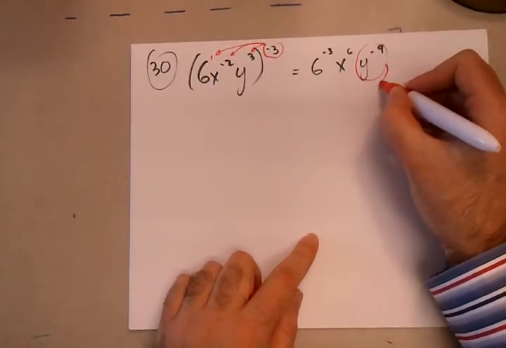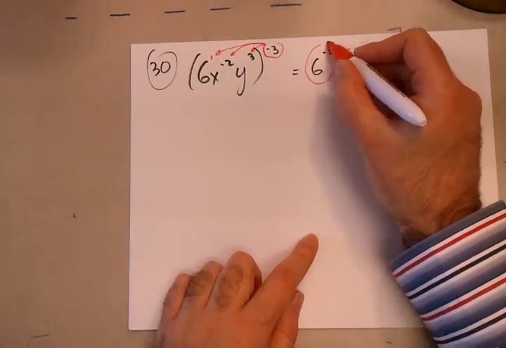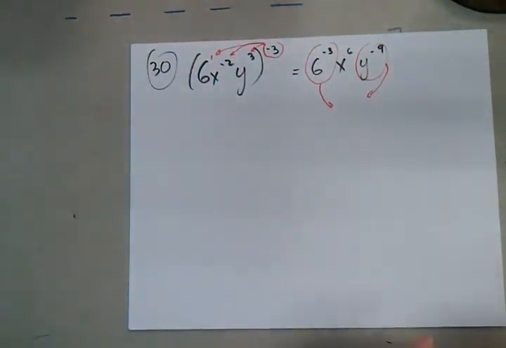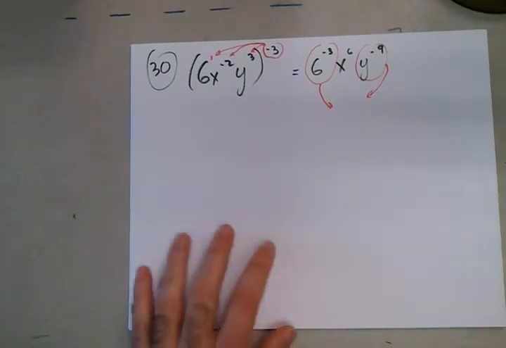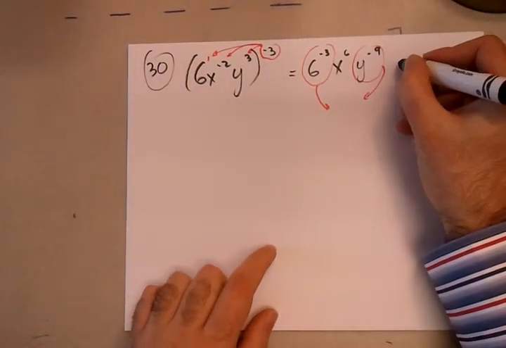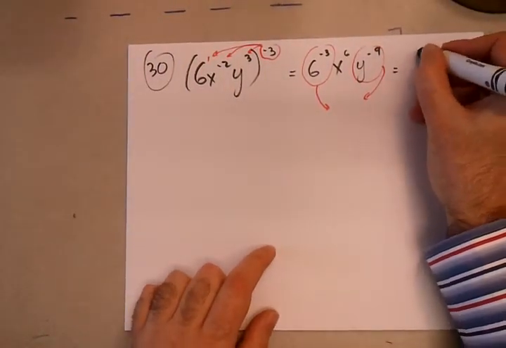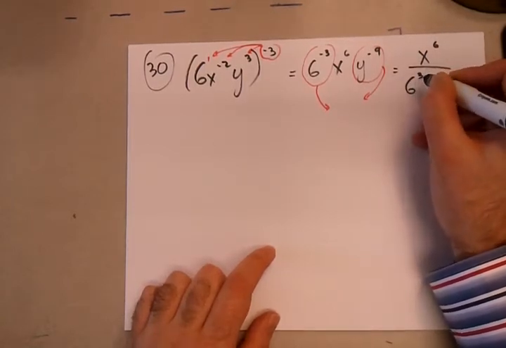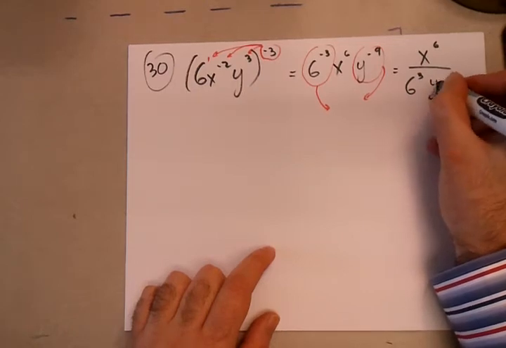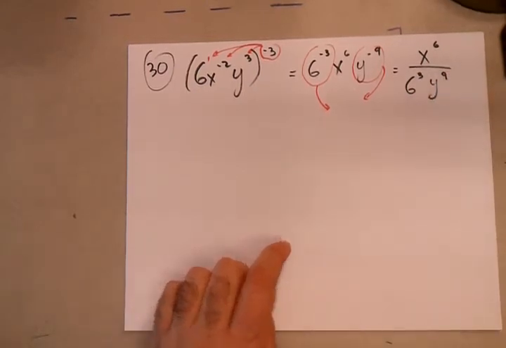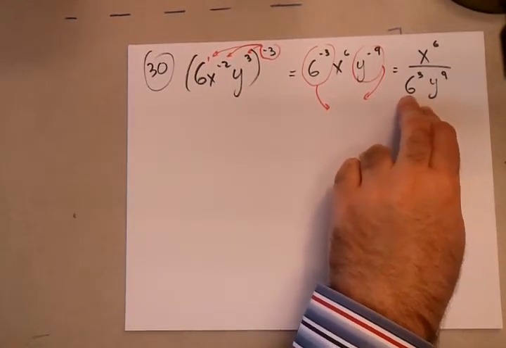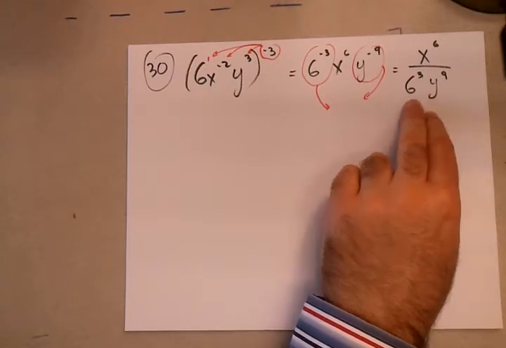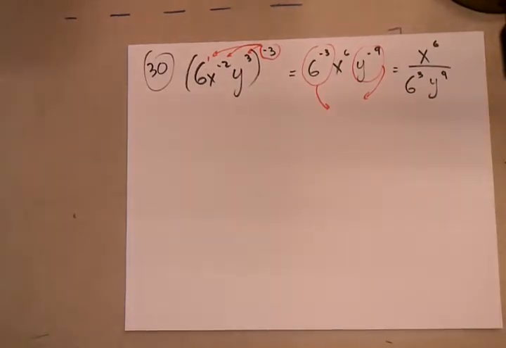So they're going to go on the bottom, so their exponents can become positive, which gives us x to the 6th still on top, then 6 to the 3rd in the bottom, and y to the 9th on the bottom. We don't have to fully evaluate this because it doesn't ask us to simplify it, just asks us to leave it in exponential form, so we're going to keep it as that.